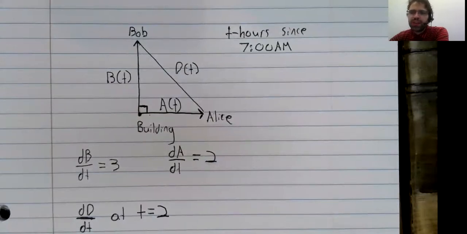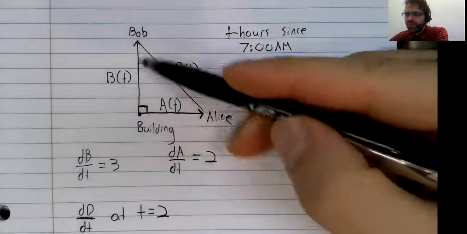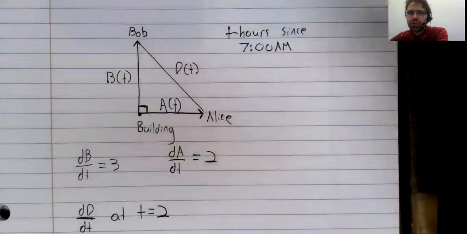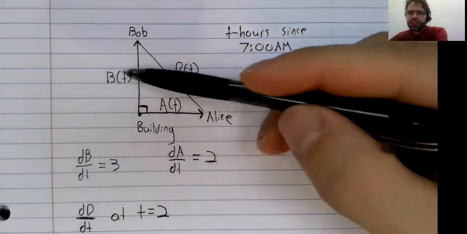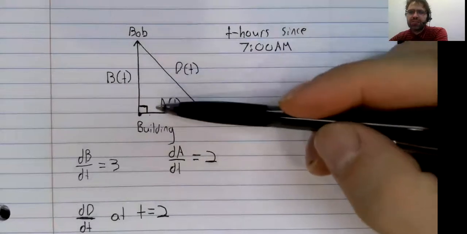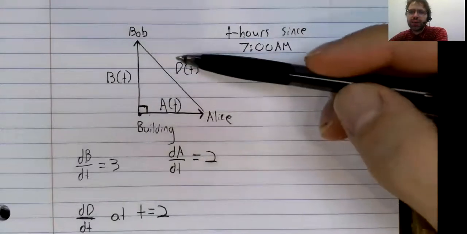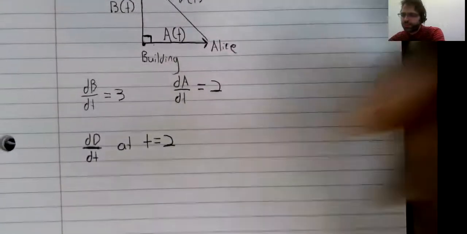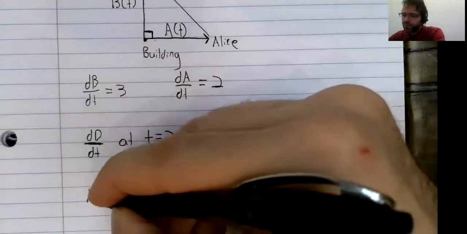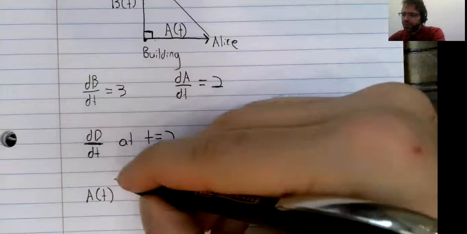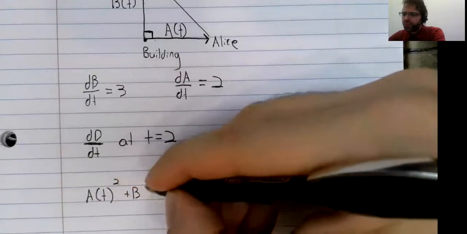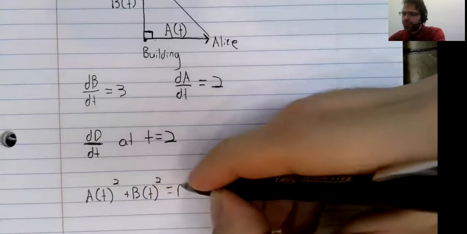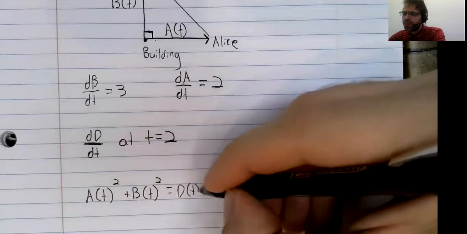But what we may eventually see is that this is a right triangle, and we are trying to relate the legs of the right triangle to the hypotenuse, and there is a very famous way of doing that.